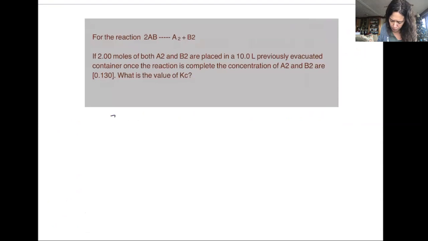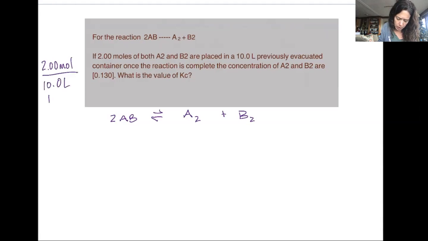Okay, another reaction. Here we've got 2AB yields A2 plus B2. All right. 2 moles of A and B in a 10.0 liters. That's going to yield a concentration that is this many molar.